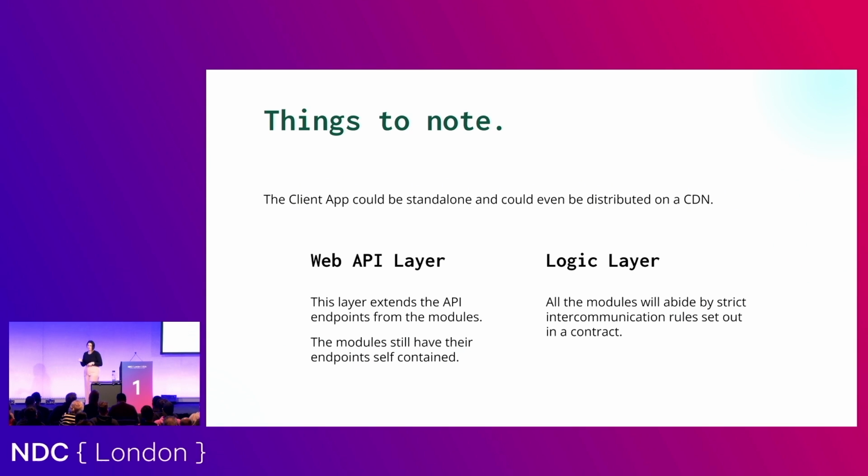So the API is going to expose all of the endpoints that you need within each module, and they all need to be self-contained to be able to pluck them off into satellites. You can't have all these endpoints in your web API like you might normally do, injecting a service, say an order service, into your web API and calling that.